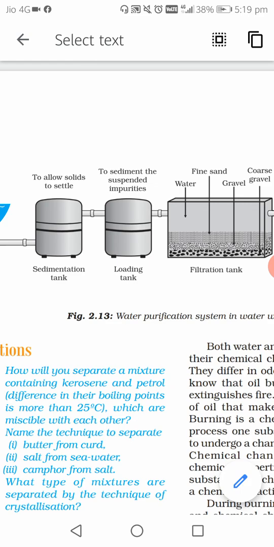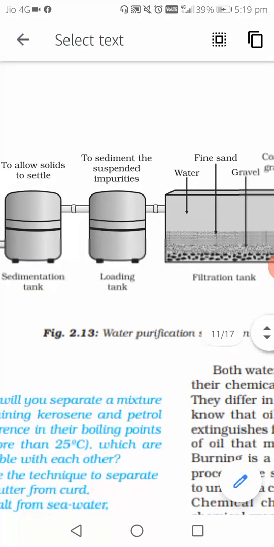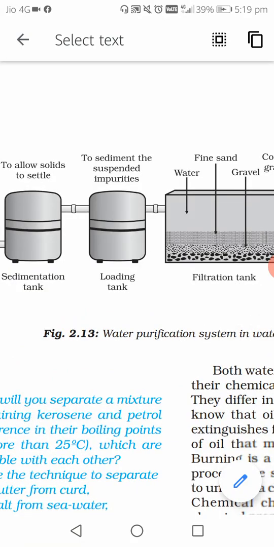The heavier impurities are already settled down. Now the lighter impurities, how do we make them settle? In the loading tank, the lighter impurities are suspended, they are floating. So some compound called potash alum is used in this tank.